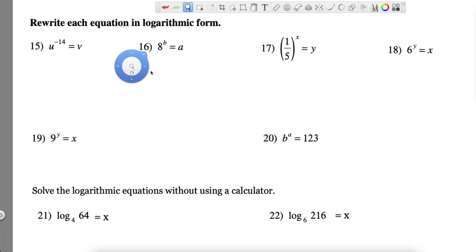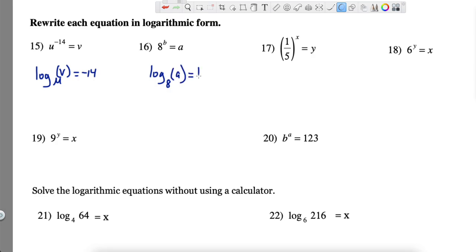Rewrite each equation in logarithmic form. Log base u of v equals the exponent negative 14. Log base 8 of a equals the exponent little b.